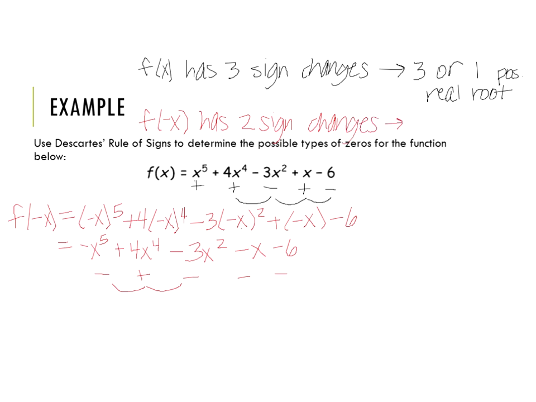Okay, so if you have 2 sign changes in f of negative x, that means you could have 2, or what's the other possibility for the number of negative real roots? 2 or what? Perfect, 0, yep, because you just subtract 2 every time. So 2 or 0, positive, oh, not positive, let's change that to negative, real roots.